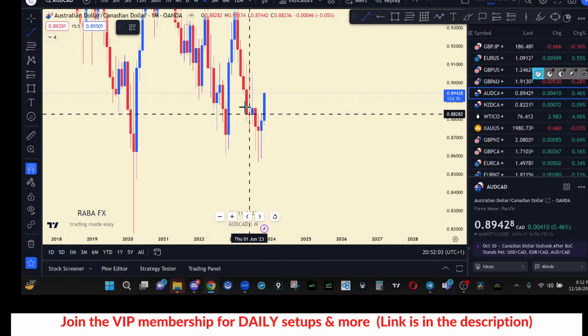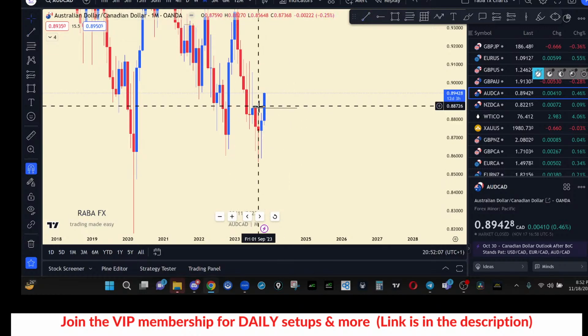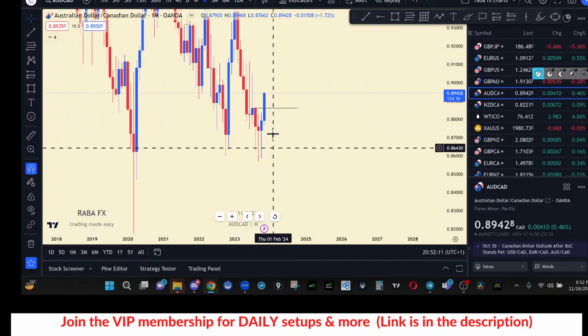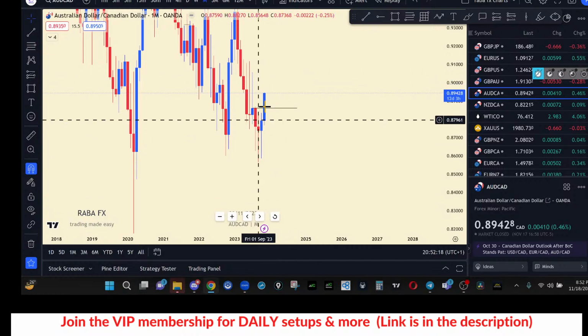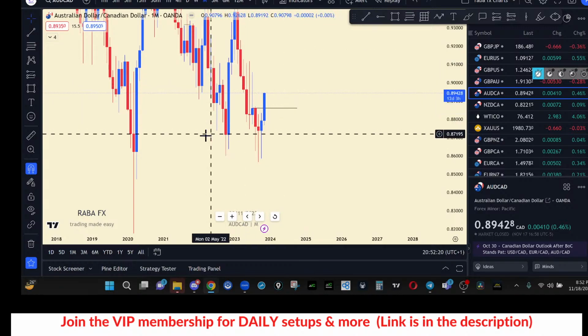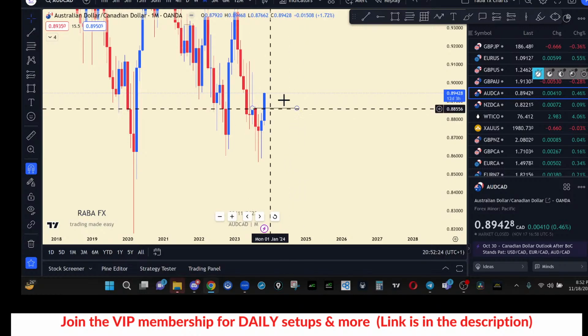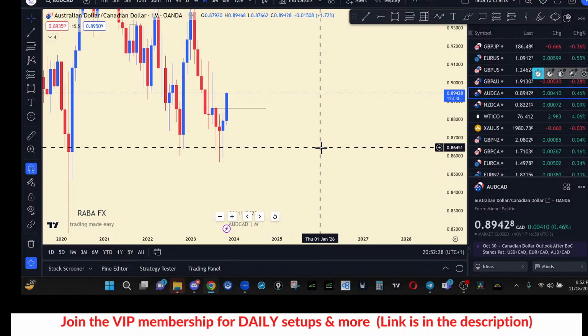Now we are trading above this. The reason why I took that trade, I was anticipating a bearish move, which happened, but price respected the daily opening price and then pushed price higher. So on the monthly, we are still very bearish, even though price pushed up in here. Why am I saying we are bearish?